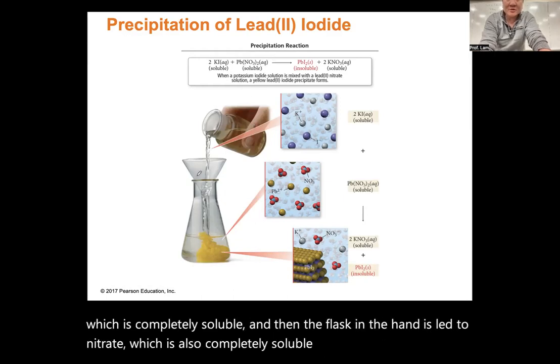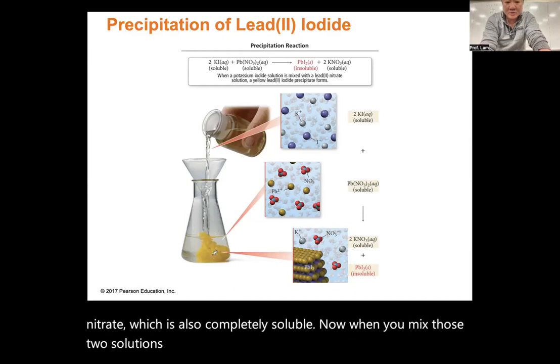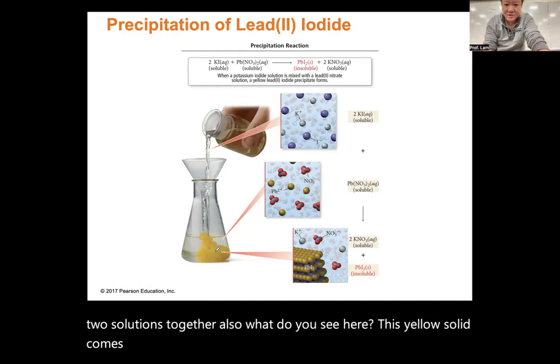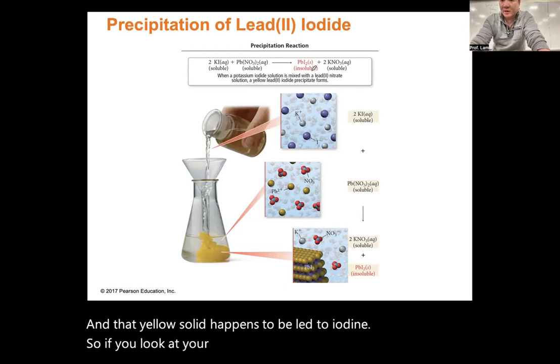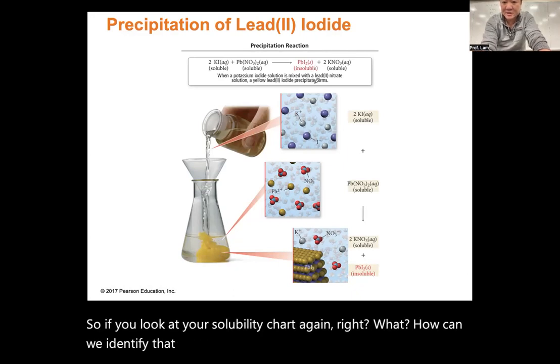Now, when you mix those two solutions together, all of a sudden, what do you see here? This yellow solid comes out of solution, right? And that yellow solid happens to be lead 2 iodide. So if you look at your solubility chart again, how can we identify that this solid is actually lead 2 iodide?